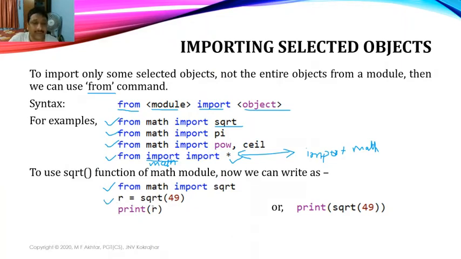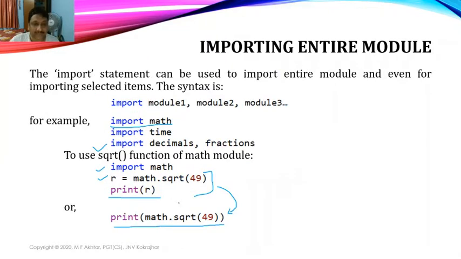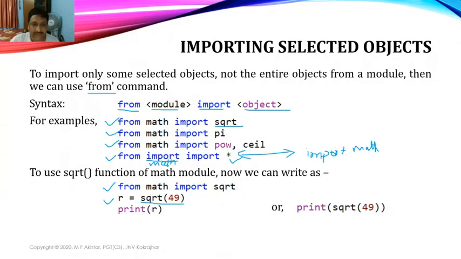r equals sqrt of 49. We are just giving the function name. Previously we included the module name also with the dot operator, but this time we give only the function name, because from the math module we have imported only one function, the square root, and it is included with the Python interpreter for the time being, for this program only.